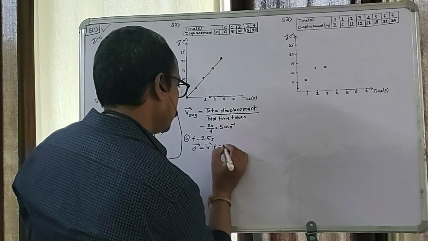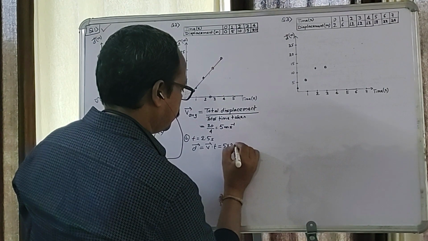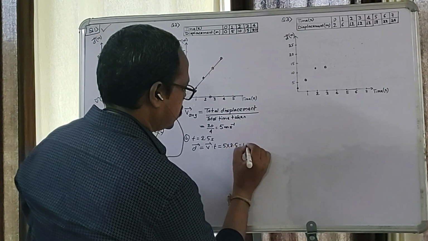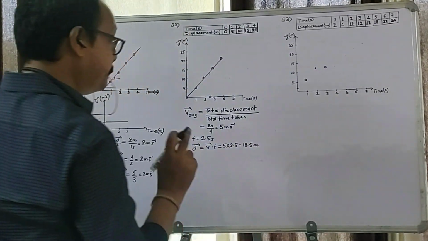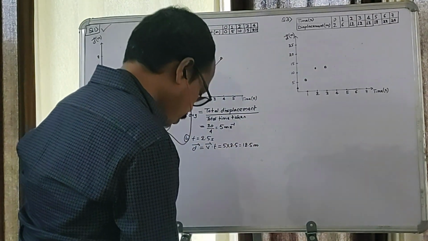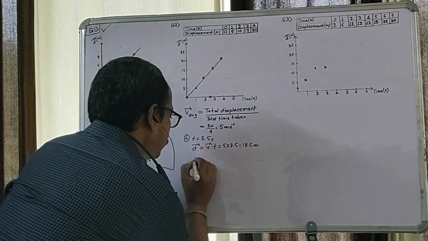So velocity is 5 and time is 2.5. So the total displacement made is 12.5 meter at the completion of 2.5 seconds.